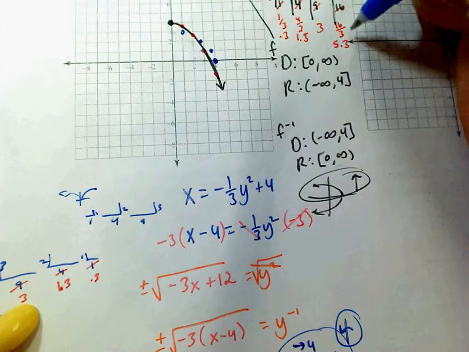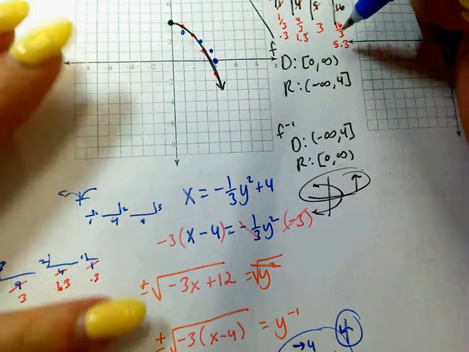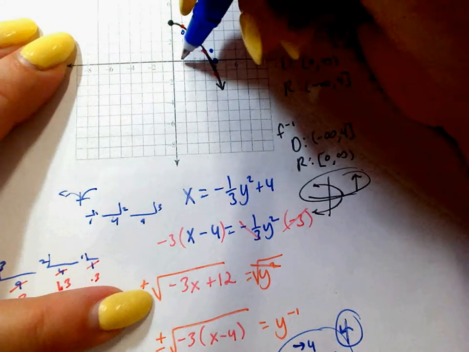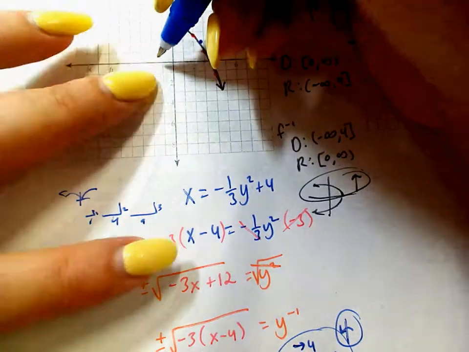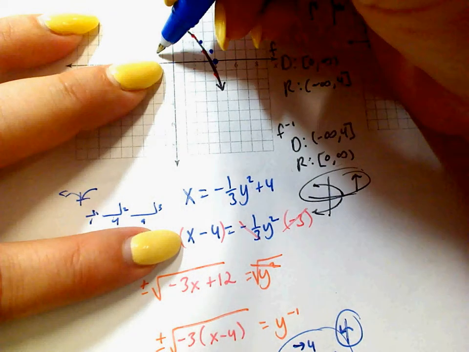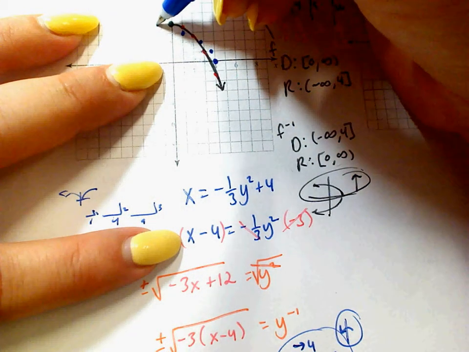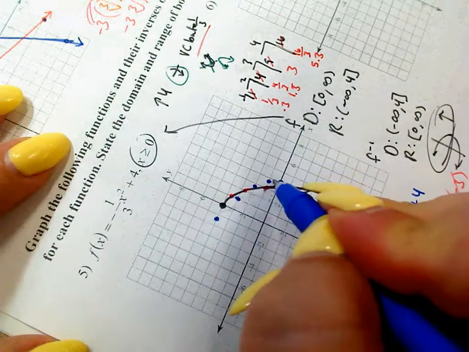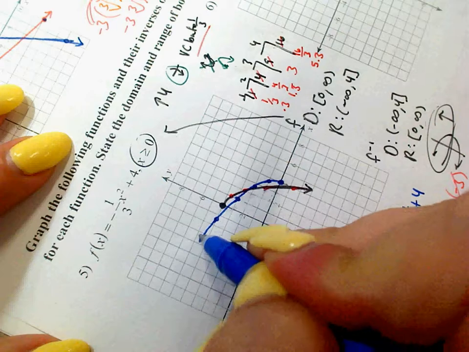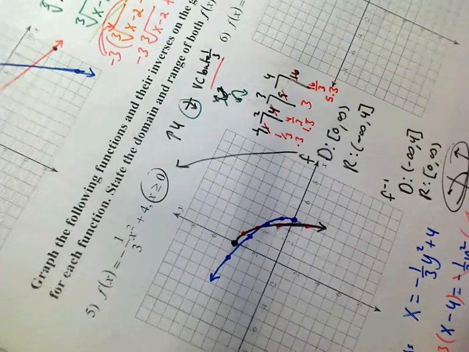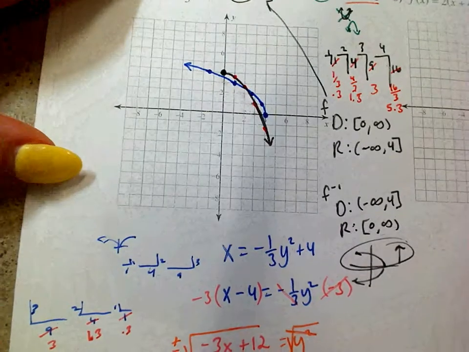I'm going to go to the left 5.3, so 1, 2, 3, 4, 5.3, and up 4. So 1, 2, 3, 4. Okay, so I'm going to connect those. I'm just going to draw an arrow because I don't know where the next point is, although I can find it. And so they're kind of right on top of each other, so let's just make sure.